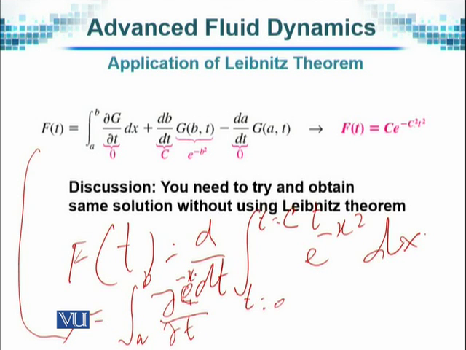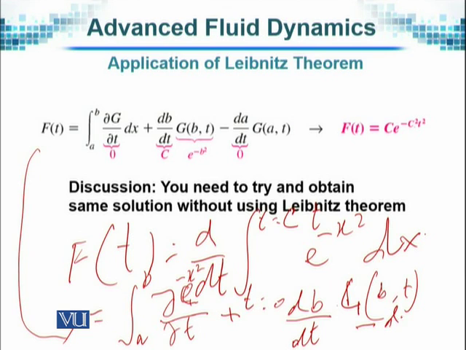So this will be the integral of dG by dt, plus, we don't have to touch the function, we simply differentiate the upper limit, multiplied by the function in which we replace x by the value of the upper limit, and we leave it as time, and then minus the derivative of the lower limit multiplied by the function G at the lower limit a and t.